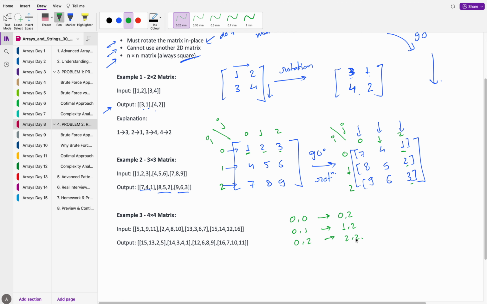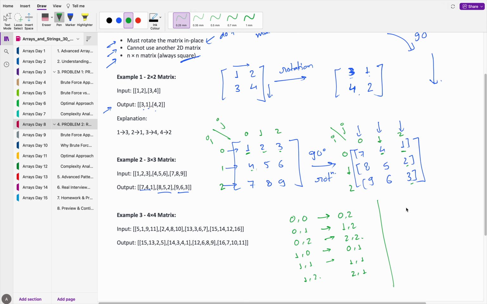Then 1 0 was 4. 4 is placed at 0 1. 5 goes to 1 1, 6 to 2 1. So 1 0, 1 1 and 1 2 map to 0 1, 1 1 and 2 1.